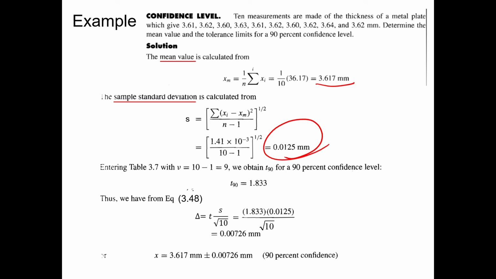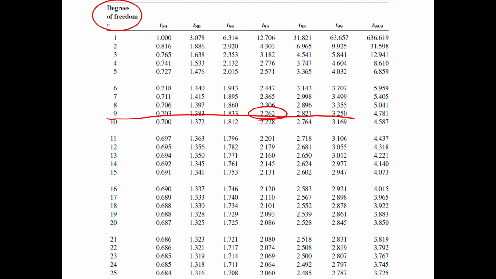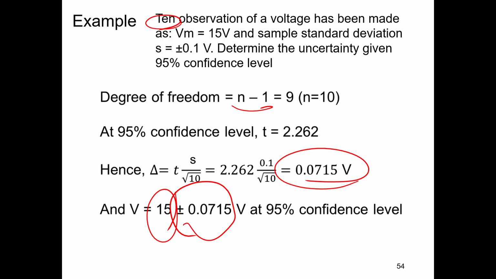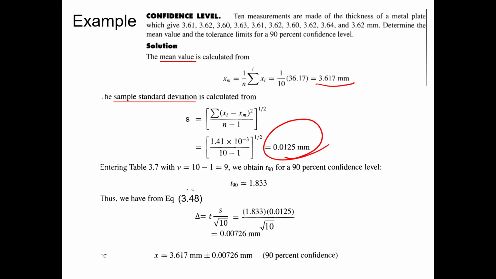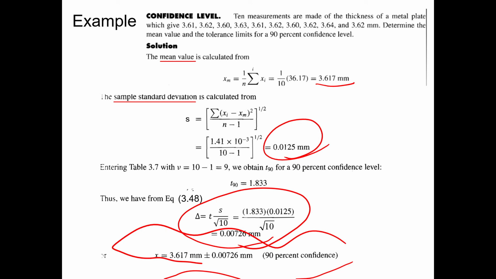The degree of freedom, since we only have 10 measurements, is going to be 9, and with the 90% confidence level, your t-score is 1.833. So you can essentially find the uncertainty or the tolerance limit, and this is going to be a representation of your measurements.